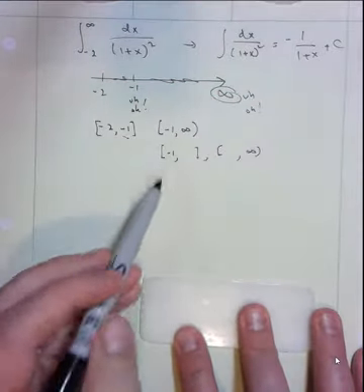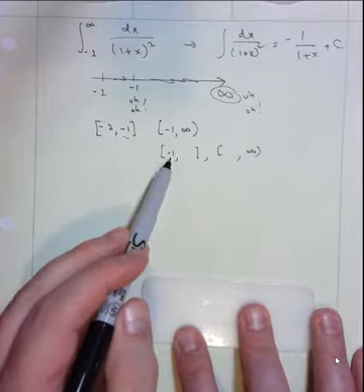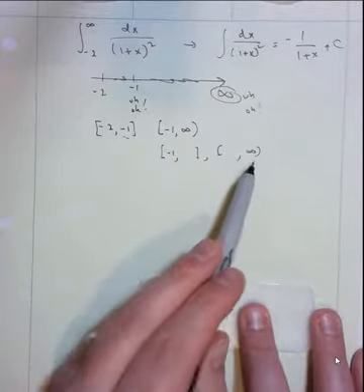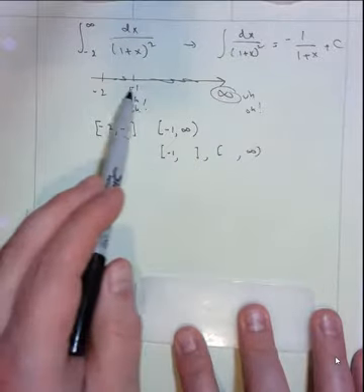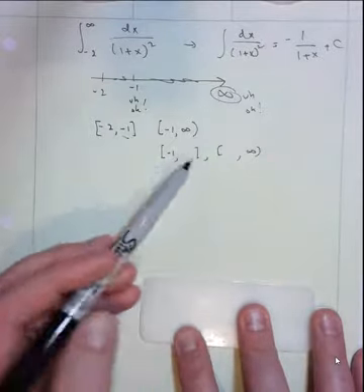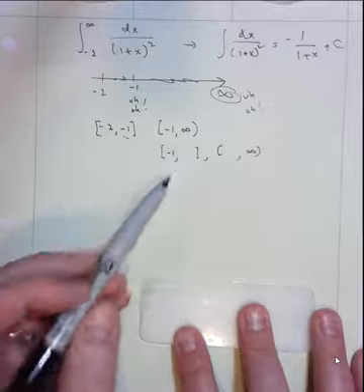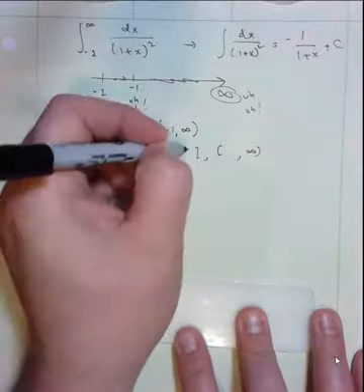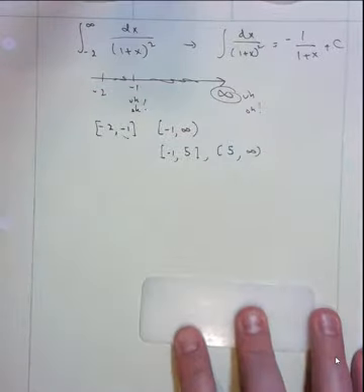So that we can isolate this uh-oh point in an interval by itself, and this uh-oh point in an interval by itself. Now, what point do we use between negative 1 and infinity to break this apart? It doesn't matter as long as it's not itself an uh-oh point. So, how about 5? Five is a perfectly good breakup point there.